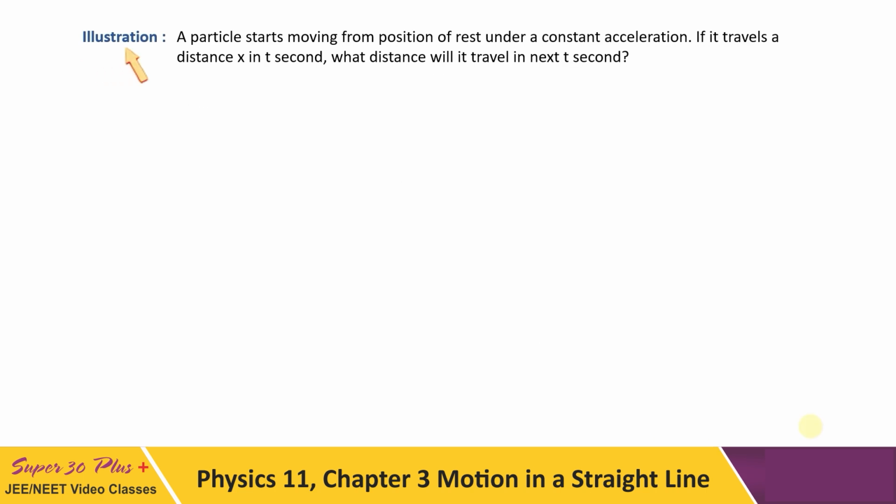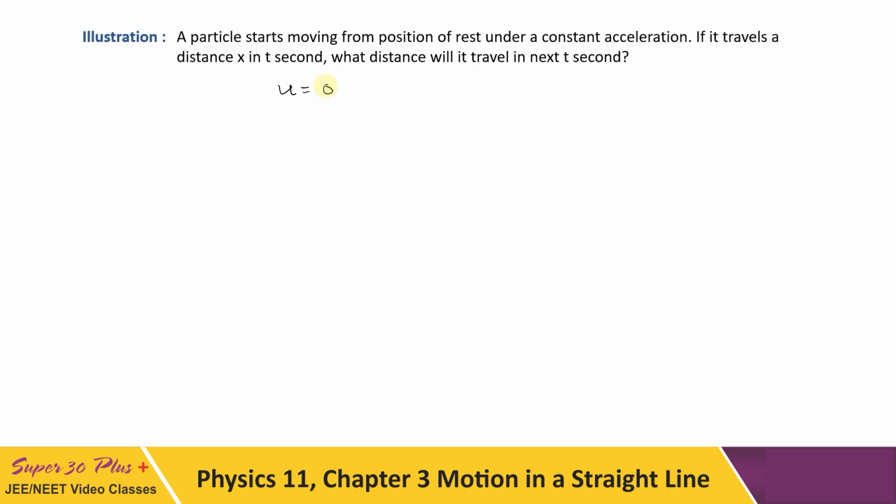This is the third illustration. A particle starts moving from rest under a constant acceleration. If it travels a distance x in t seconds, what distance will it travel in the next t seconds? Okay, so initial velocity is 0, since it is starting from rest, and acceleration is given constant.